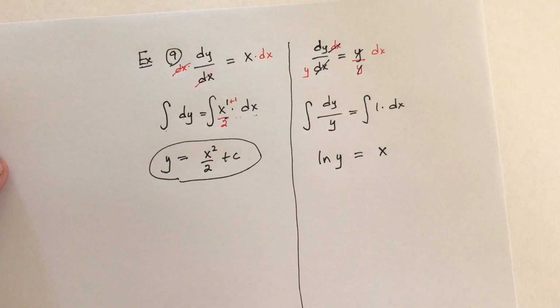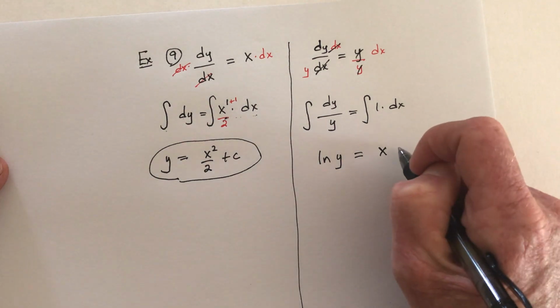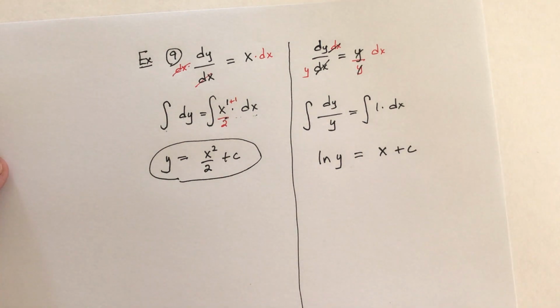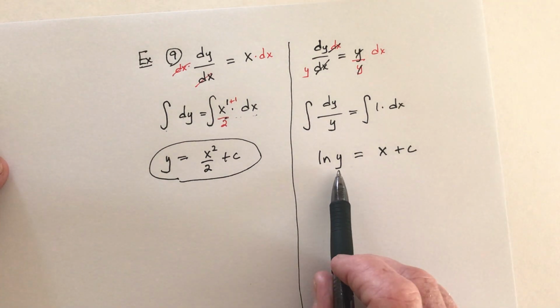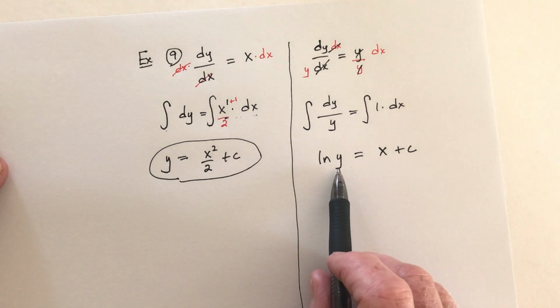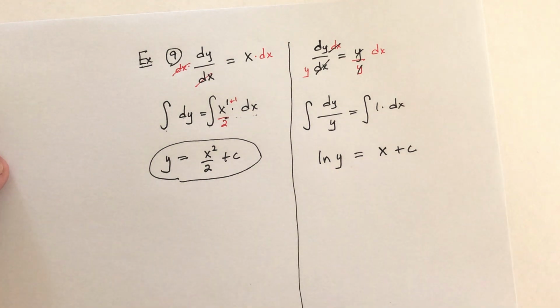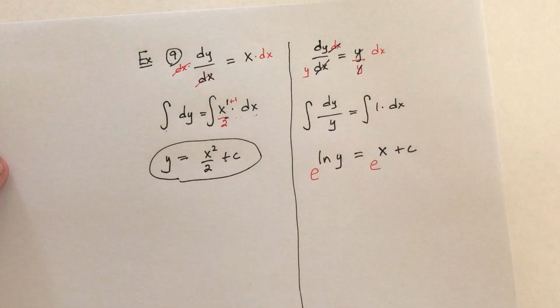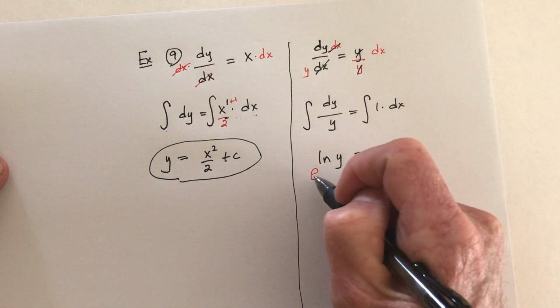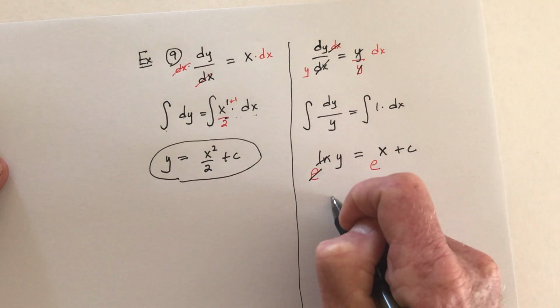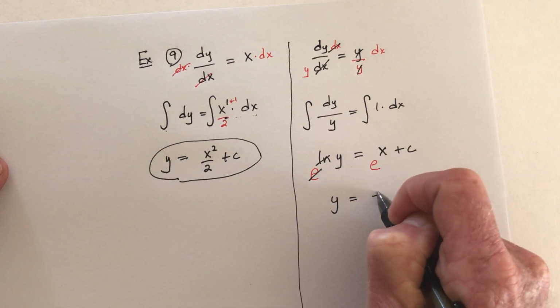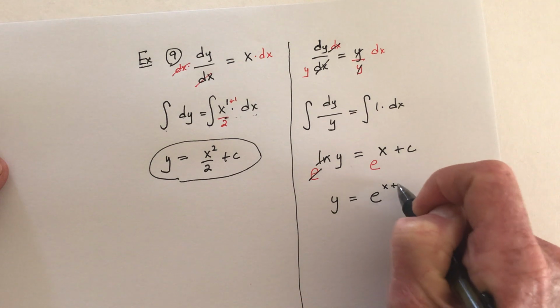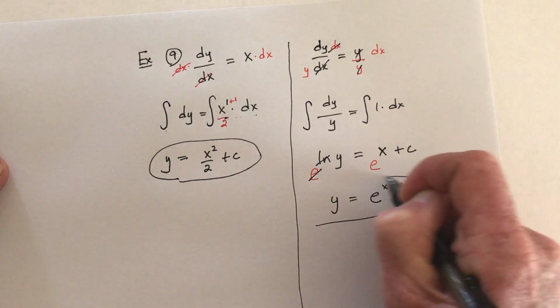We're now done doing the antiderivative, so I can put a plus c. Then this one has one more step because I do need to solve for y. In order to eliminate the natural log, you use e, and these cancel each other out, and it leaves y equals e raised to x plus c.